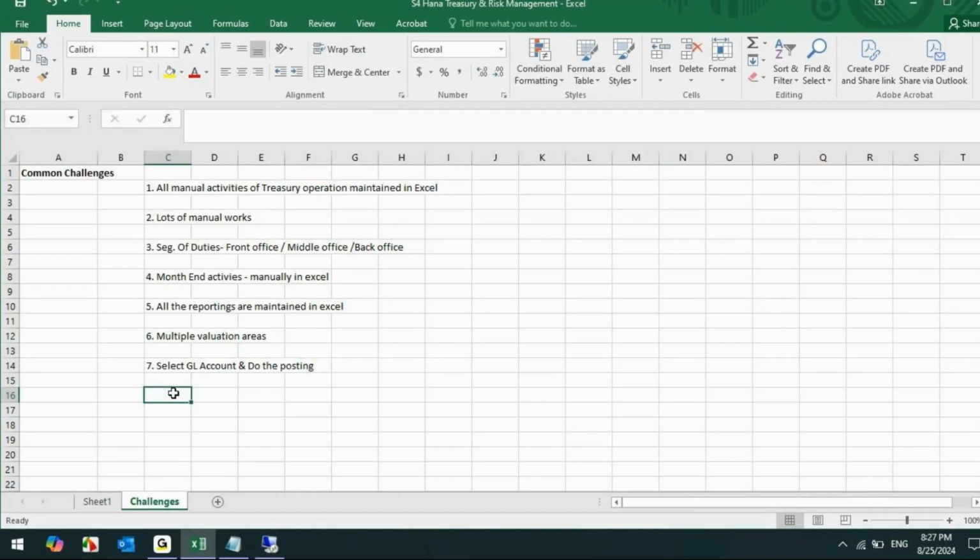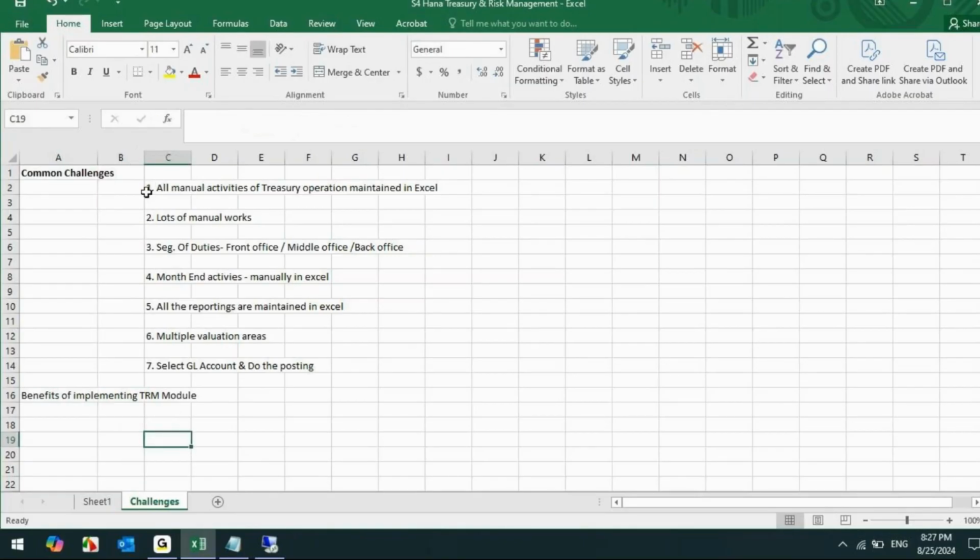Now, what is the advantage when you implement this treasury module? Let's say I'm keeping a line: benefits of implementing the TRM module. Now, what are the advantages?